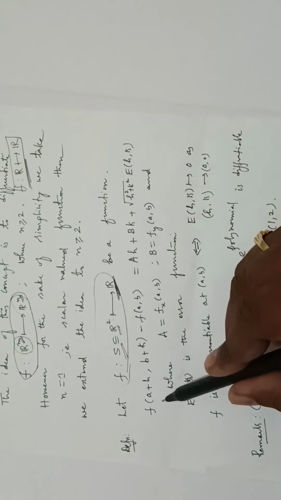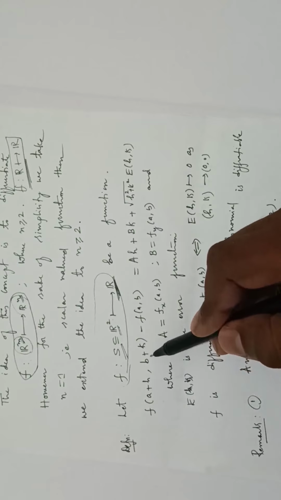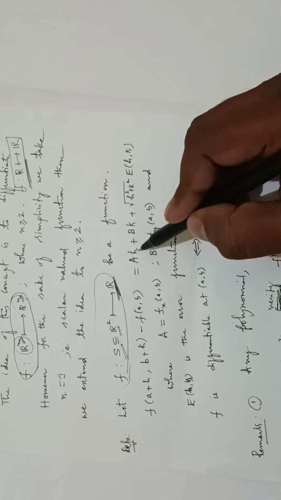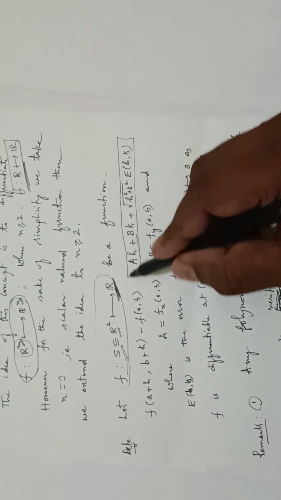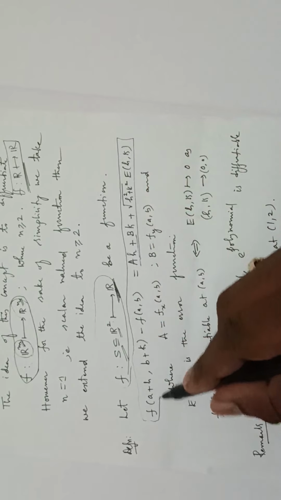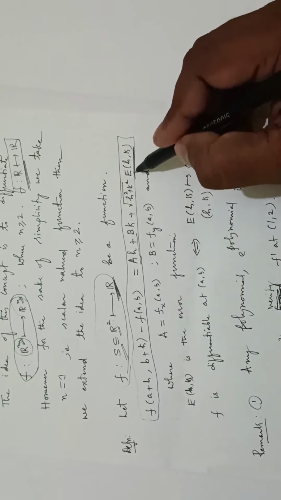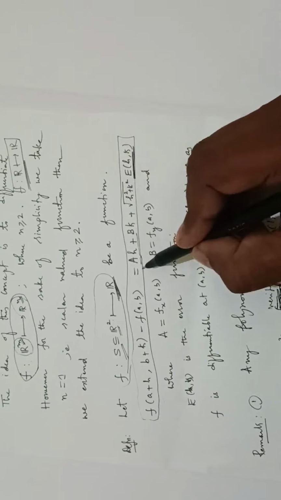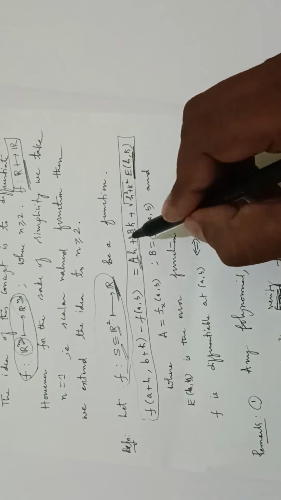Now look at this: f of a plus h comma b plus k minus f of a comma b equals a h plus b k plus square root of h square plus k square into e of h comma k. So this e of h comma k is called the error function, and a is the partial derivative with respect to x, b is the partial derivative with respect to y.